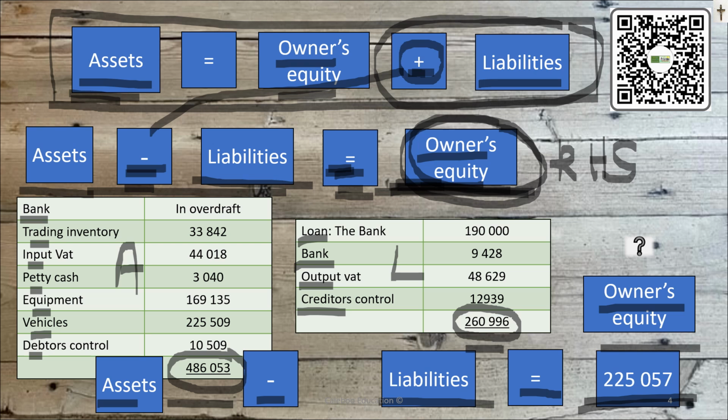That's according to the business. We're not looking at the owner's personal records here. We're looking at the business books, and owner's equity, or the capital amount that was missing, is 225,057. So there are a couple of calculations you can do at the end of the accounting period.